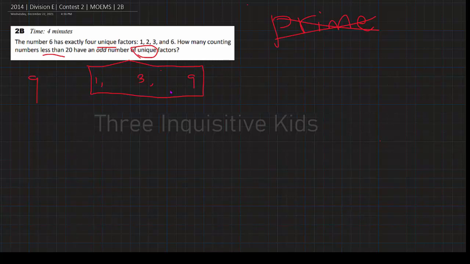But are you starting to see a pattern here? Under what condition is only one factor omitted? The condition is that the number is a perfect square.